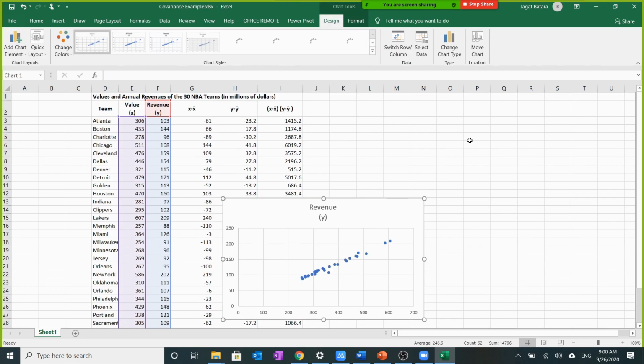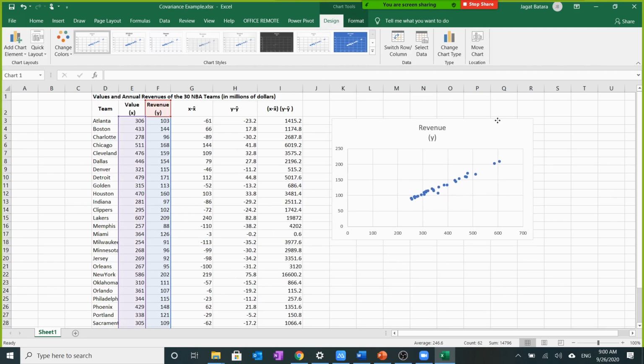Based on this scatter chart, you can see we have the data here. If x is 306, then y is around 100. If x is 400, then y is around here, right?